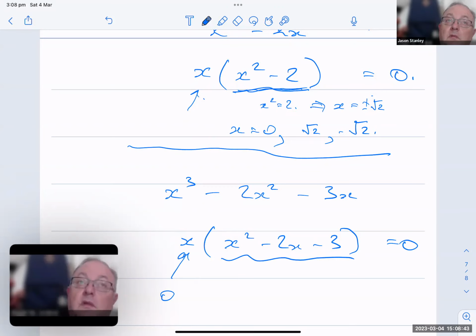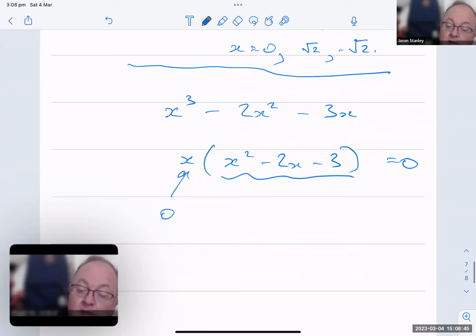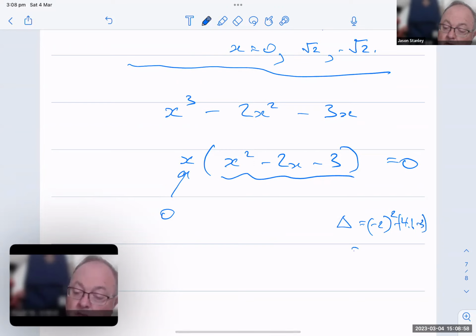So the more that you practice that, and we can even check delta, b squared minus 4ac, put a bracket in, 4 plus 12 is 16.